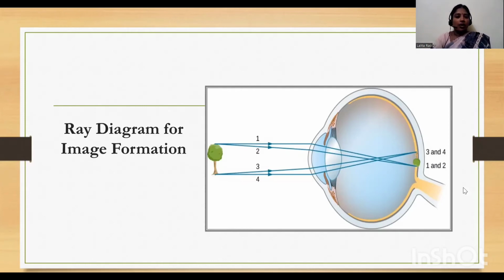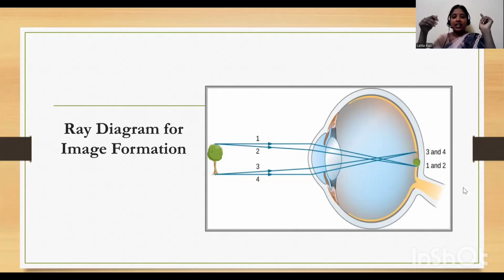So once again, let us quickly revise. The outermost bulging part is known as the cornea. Then behind the cornea, we have the aqueous humor. Then after that, we have the iris, and the iris is the circular colorful diaphragm which is responsible for giving color to the eyes.